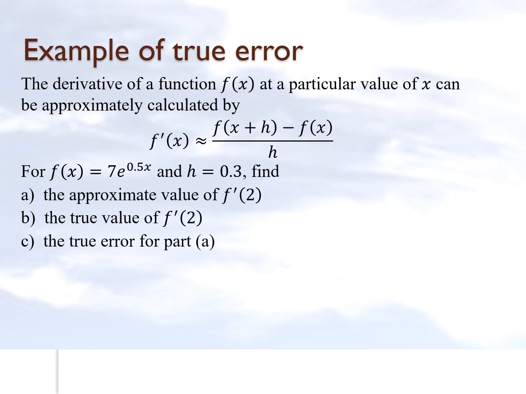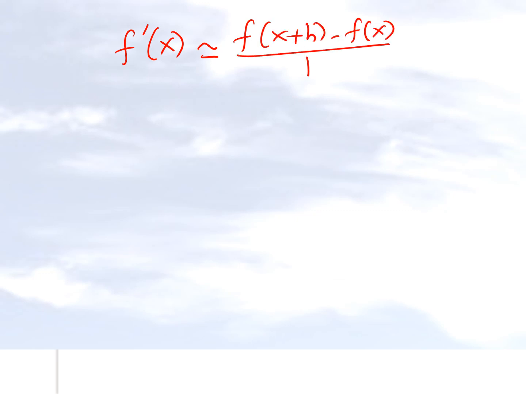So here is the example we'll be taking. We are given an approximate definition of the derivative of a function as follows. We are taking this function with a step size h of 0.3, and we're going to find the approximate value of the derivative of the function at 2. We're going to find its true value and henceforth find the value of the true error. Our definition for the derivative of the function is f prime of x is approximately f of x plus h minus f of x, divided by h.